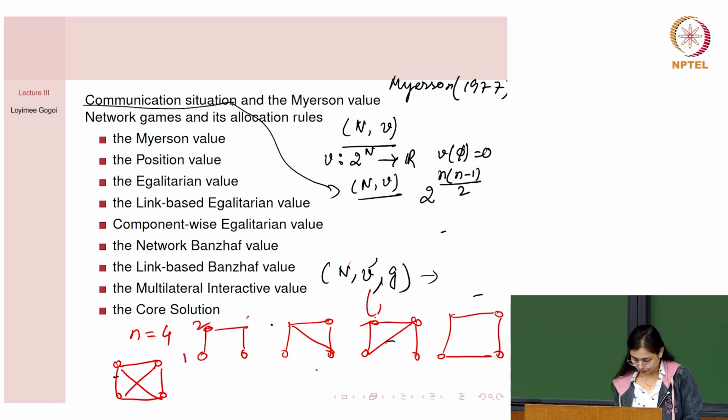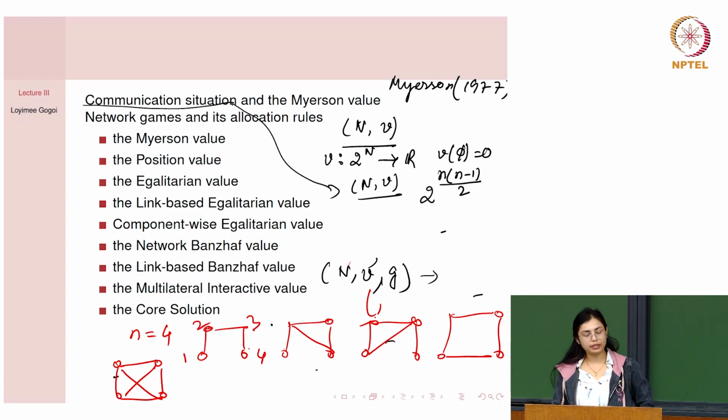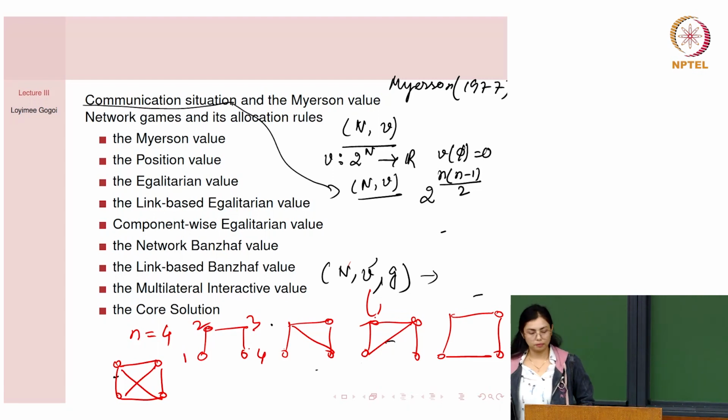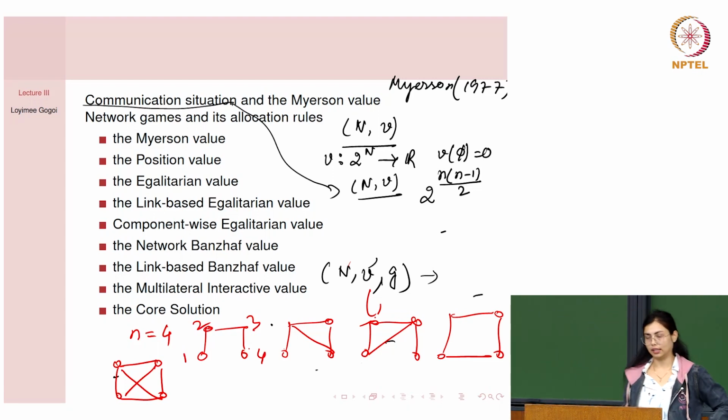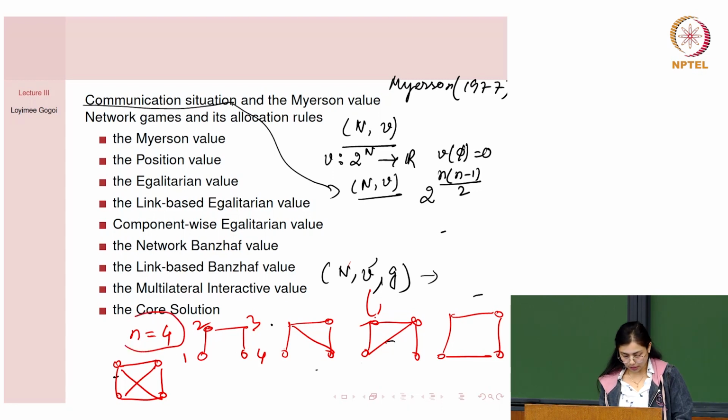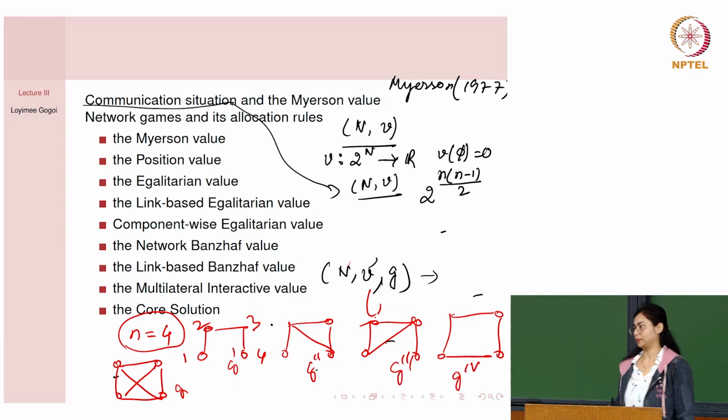As long as the component is the same, it doesn't matter how they are connected. Under any of these graphs, the communication situation will give the same value.